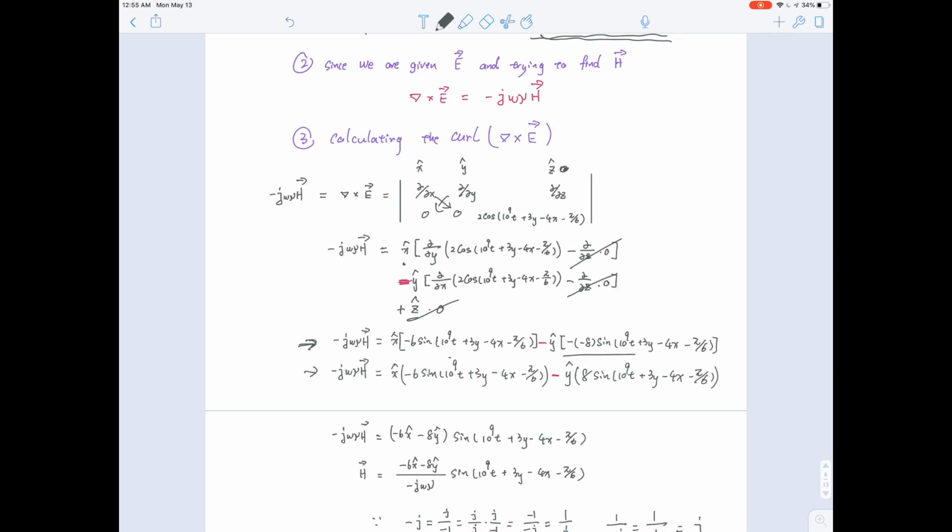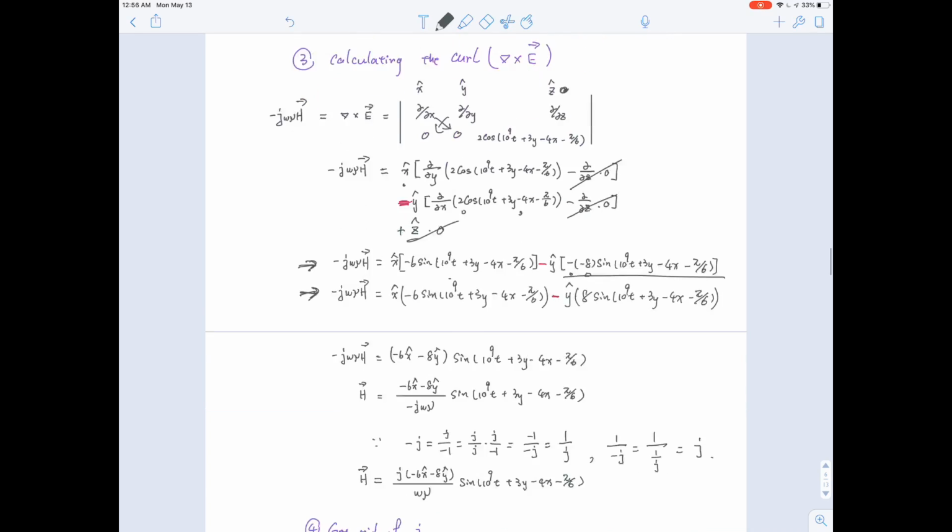And for this term right here, the coefficient would be a, and we first get negative a by multiplying 2 with negative 4, and the derivative of cosine will also give us another negative sign, so they cancel out, which gives us a positive a. And this is the term after simplifying the coefficients.